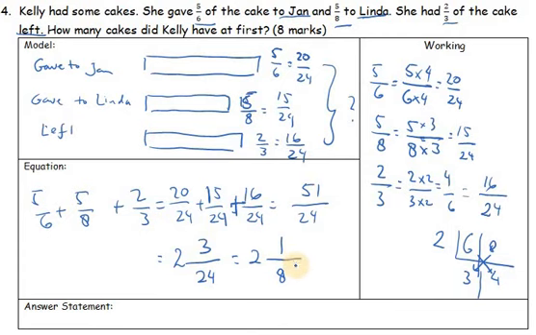So this is the simplest form. So how many cakes did Kelly have at first? Kelly had 2 and 1 out of 8 cakes at first.